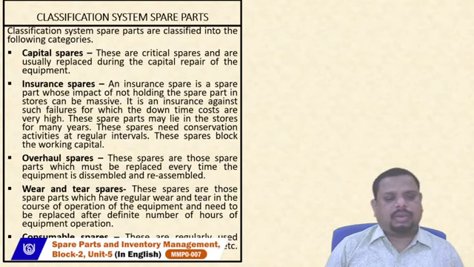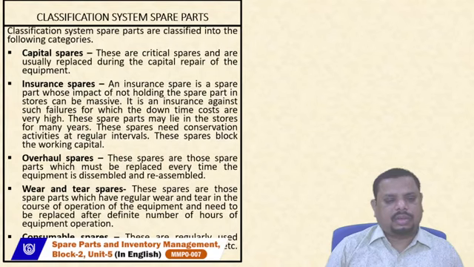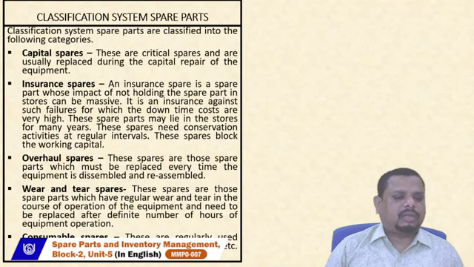They wear out at regular intervals, after 24 hours, 48 hours, or maybe 2 to 3 days, so at every interval you have to replace these wear and tear spares so that your operation is not interrupted. The equipment should allow smooth flow of raw material from one place to another.